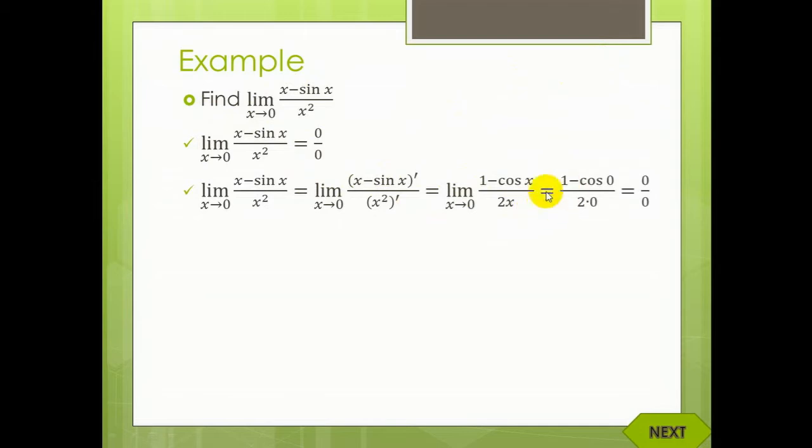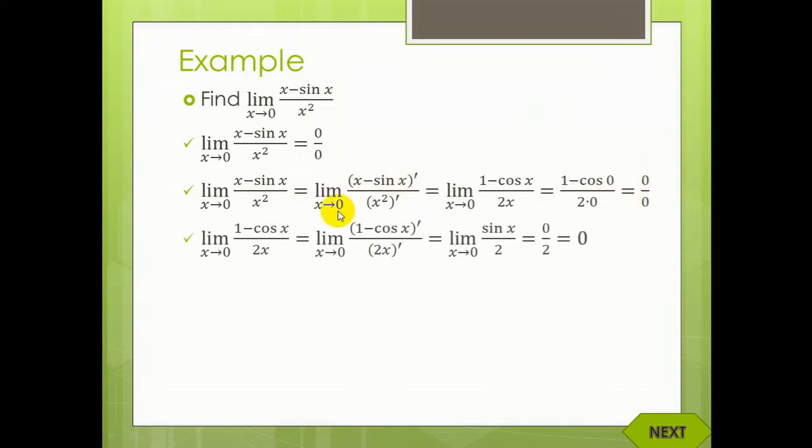Okay. So once we substitute, this one is 0 over 0. That means we should do L'Hospital again. After you differentiate the first time and get this result, you use this function and differentiate again. The derivative of 1 is 0.